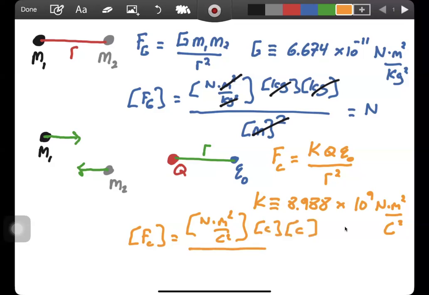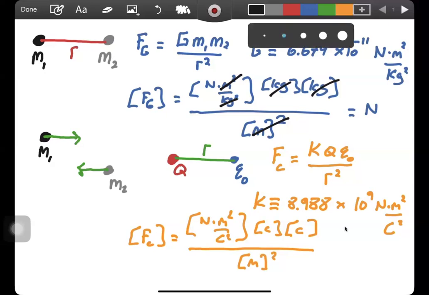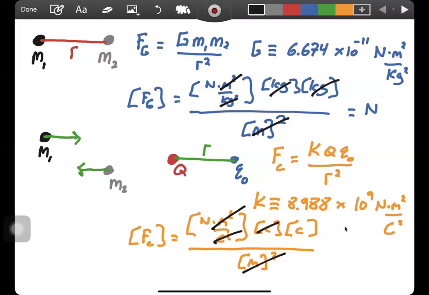Remember the SI unit of distance is the meter, so we'd have meters squared. So once again, we see there's a meter squared downstairs and a meter squared upstairs. That becomes unity. And then we have a Coulomb times a Coulomb, which is a Coulomb squared divided by a Coulomb squared, unity. And so what do you know? Again, you have units of newtons.